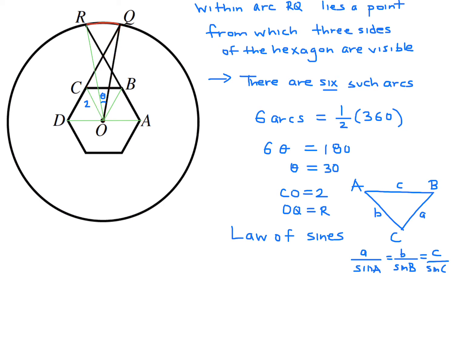Now, of course, in order to use the law of sines, we need the angles. We need this angle right here. And we also will need this angle right here. So let's try to figure out those angles. Well, this angle in here is 60 degrees. We know that.